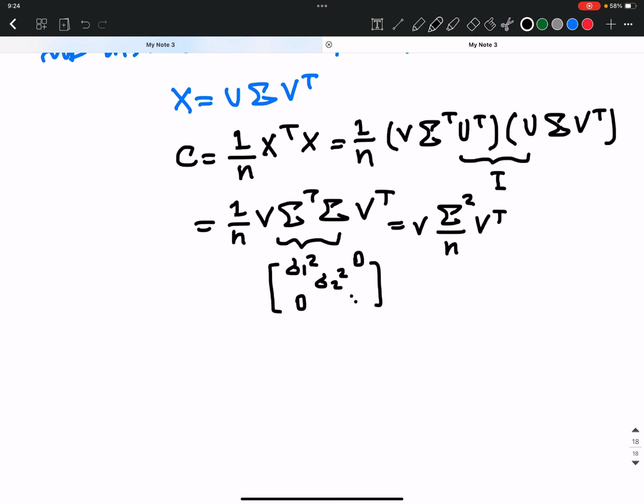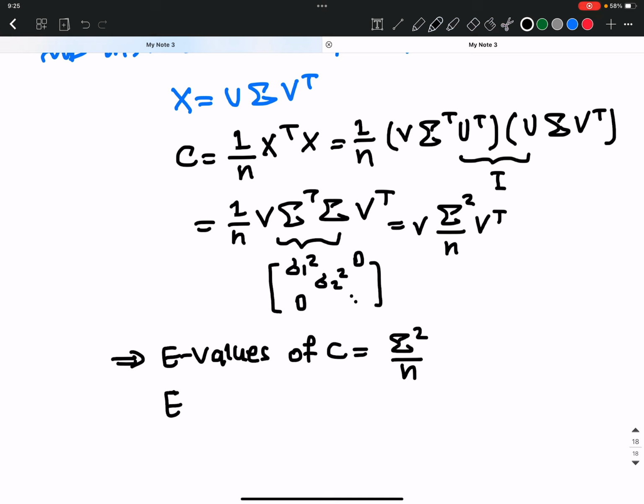Okay, so this is giving me a very interesting formula. Here I can see that the eigenvalues of my covariance matrix would basically be sigma square over n. Right? And what would be my eigenvectors?